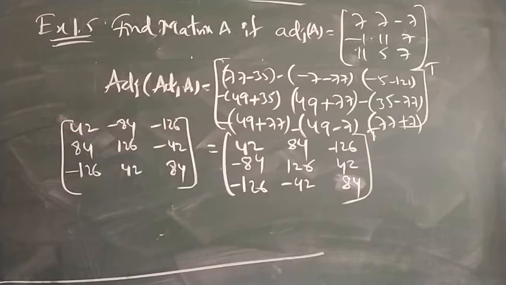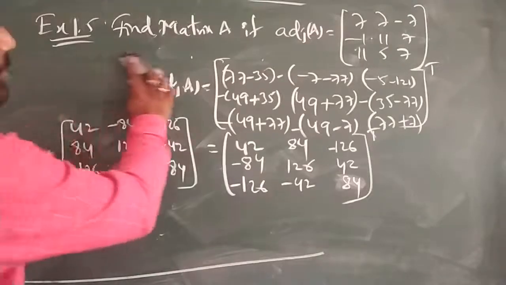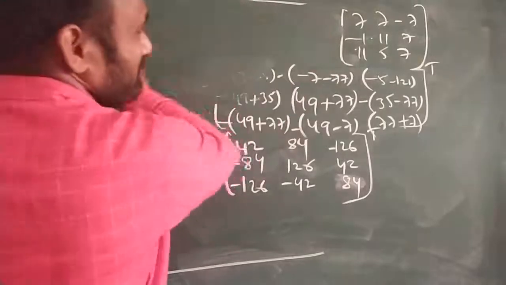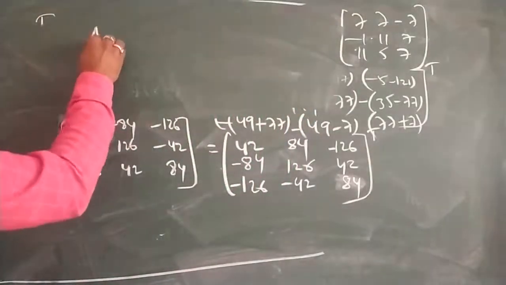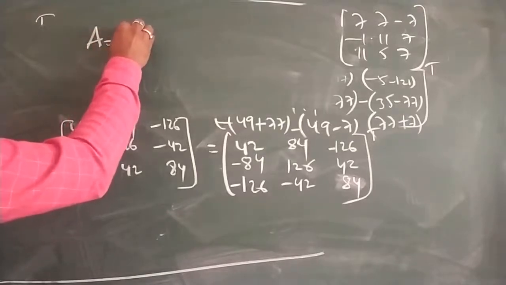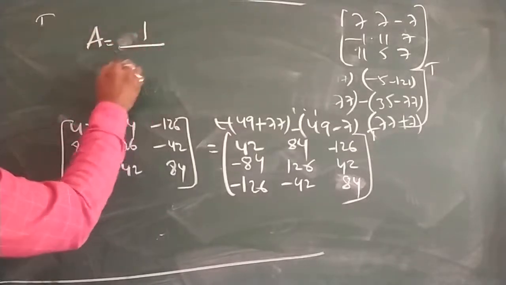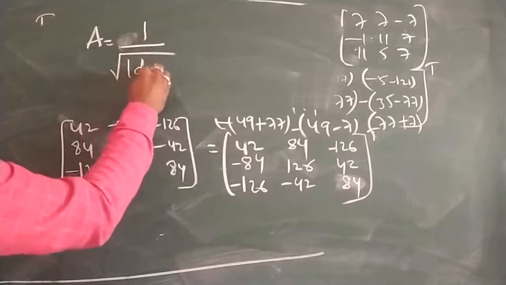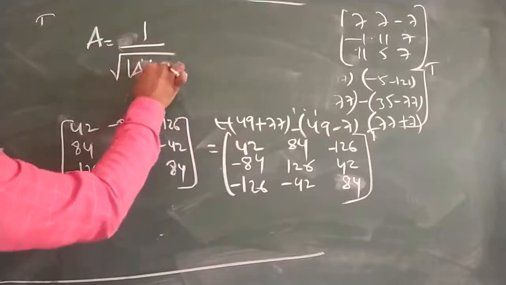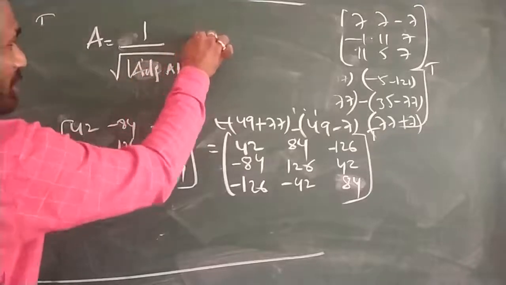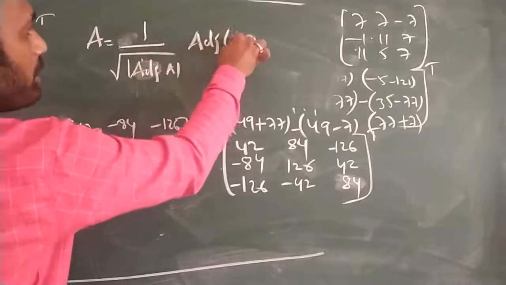Now we will substitute this in our formula. So what is the formula we have? To get A, A is equal to 1 by square root of the modulus of adjoint of A, into the adjoint of adjoint A matrix.